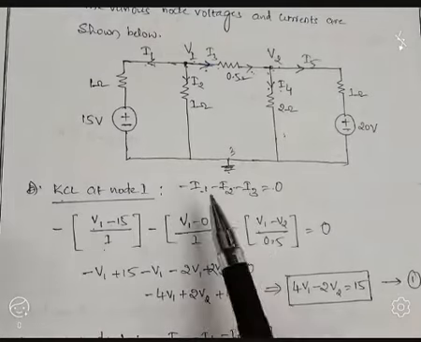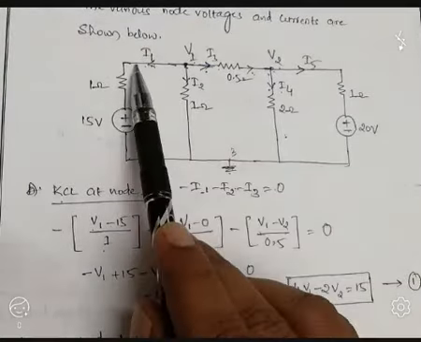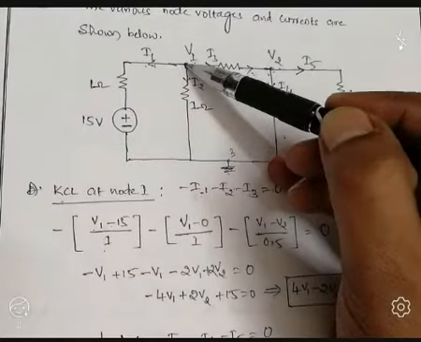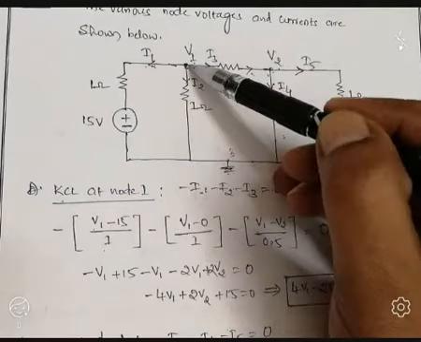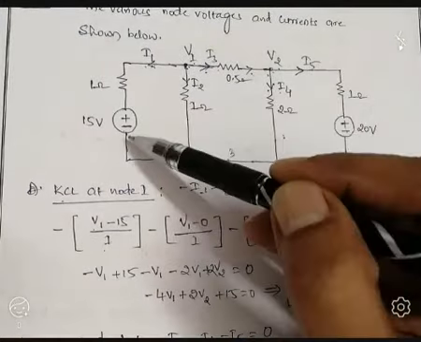Now what is the value of I1? The current I1 is flowing through this branch; it starts from V1 and ends here. In this branch a voltage source is present.